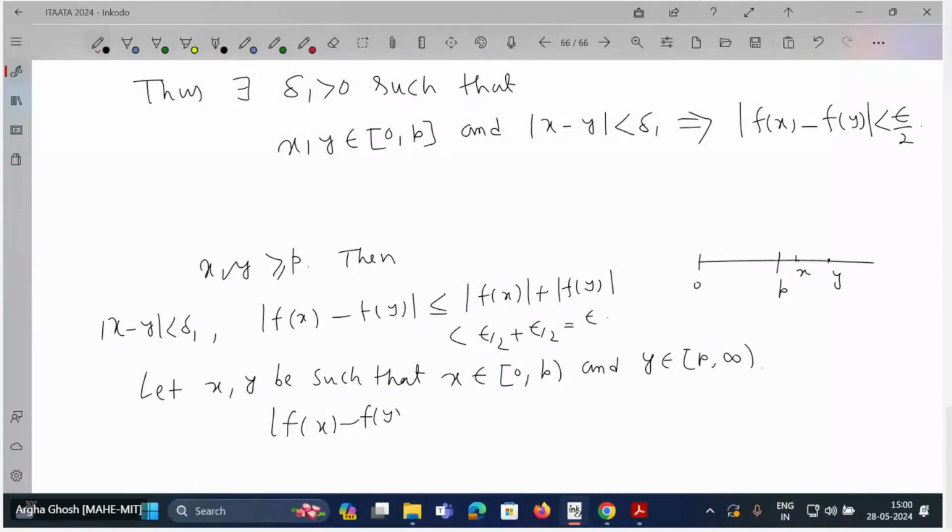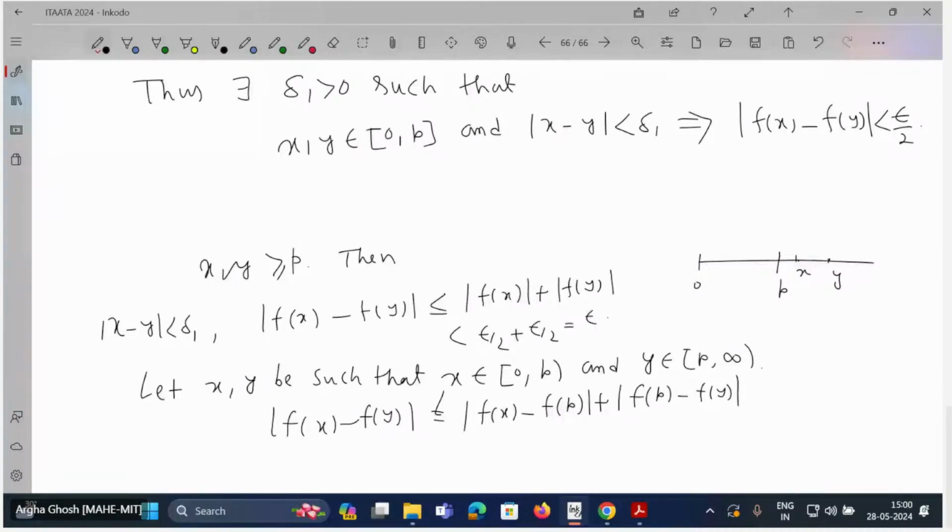We cannot do anything because we don't know what to use. So we have to consider the point p. What we can do is write |f(x) - f(p)| plus |f(p) - f(y)|. Correct? We can use the triangle inequality. If we can show this is less than epsilon and this is less than epsilon, then we are done.